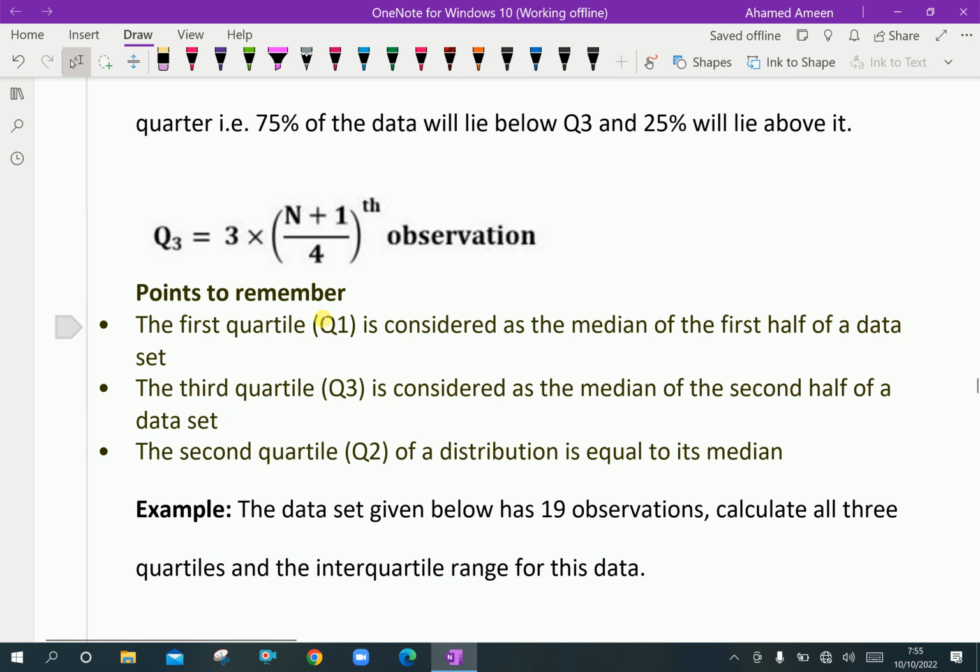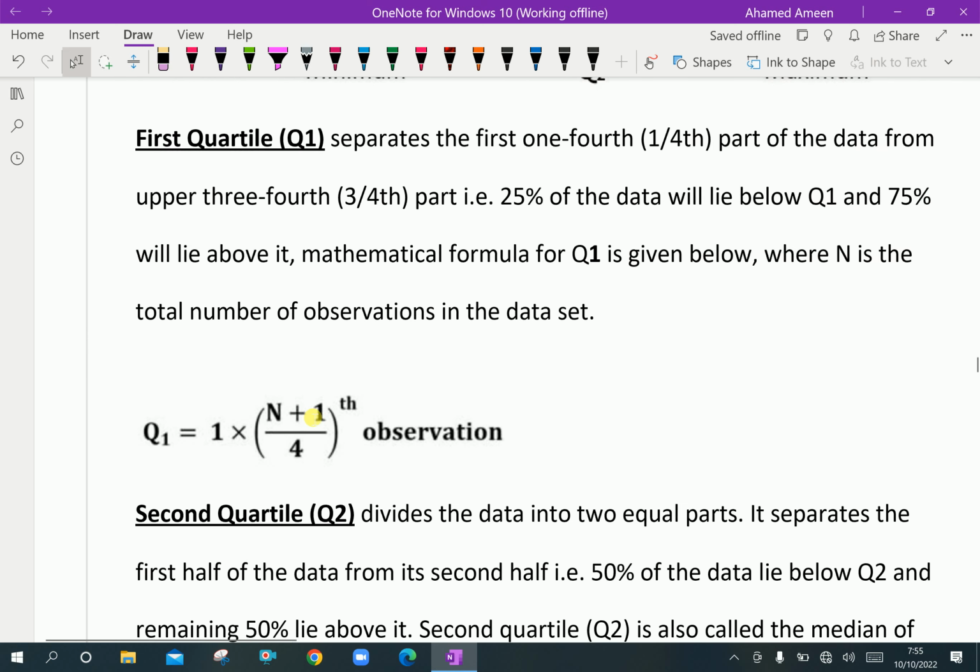Here we have to remember these points. The first quartile Q1 is considered as the median of the first half of the data. That means the total data is divided by 2, then Q1 represents the median of the first half of the data. The quartile Q3 is considered as the median of the second half of the data.